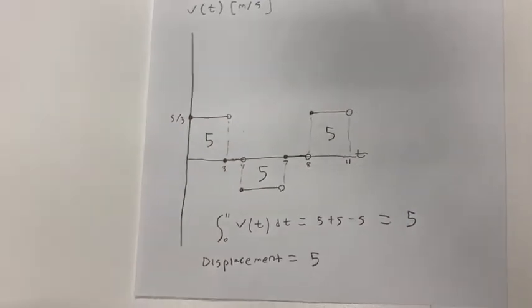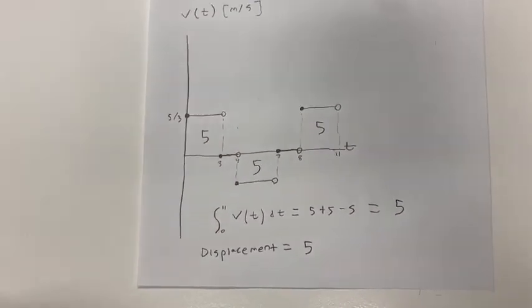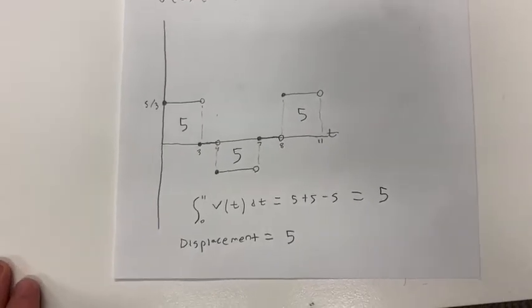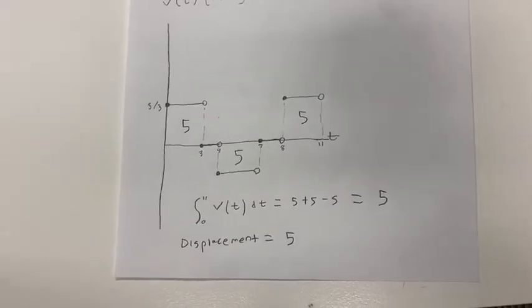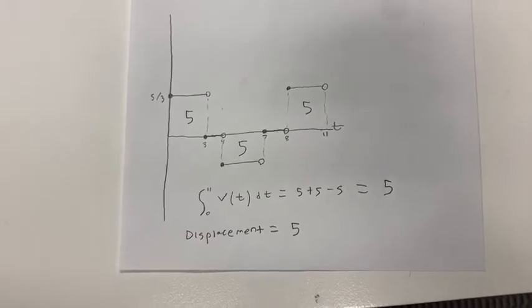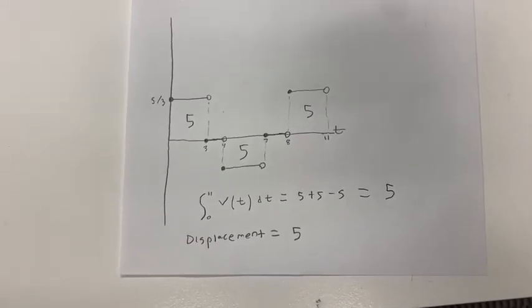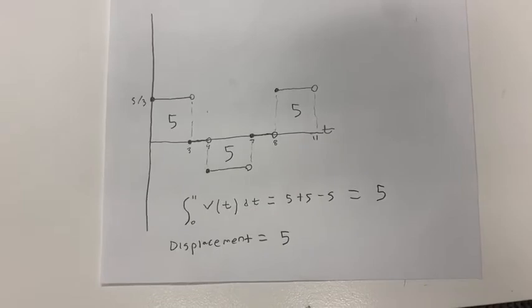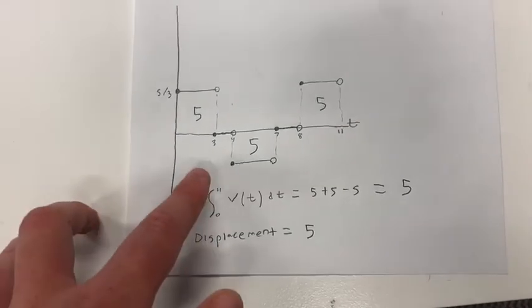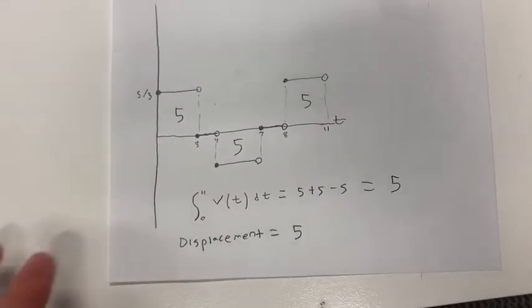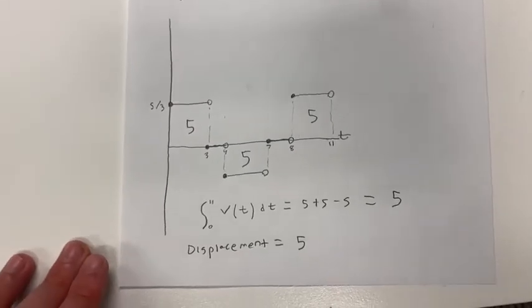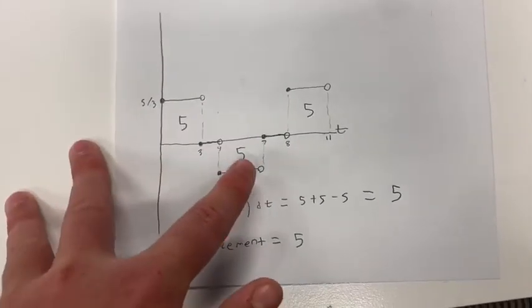So let's implement what we learned up above. We said that the integral of velocity from a certain time to a certain time equals displacement. So from 0 to 11, the integral of velocity, we just calculate the area under the curve: 5, -5, and 5.